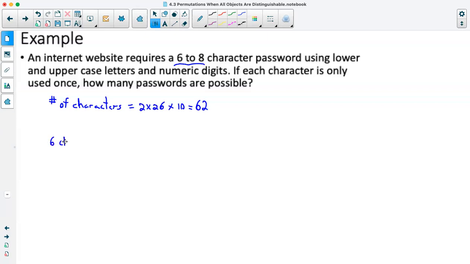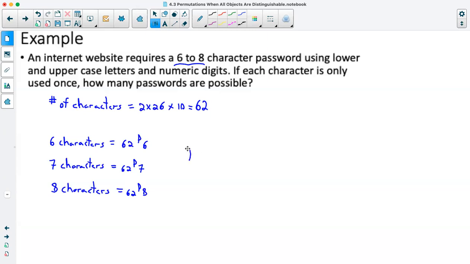For 6 characters, using the notation we just came up with, we're choosing 6 from 62 characters. For 7 characters, we're once again starting with 62 and choosing 7. For 8 characters, we're once again starting with 62 and choosing 8.